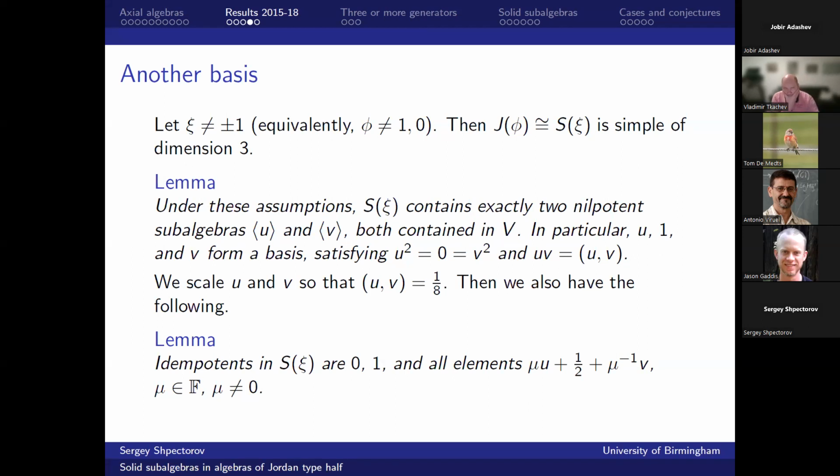And furthermore, it is simple of dimension 3, and the form on it is non-degenerate, as we will discuss later. Under these assumptions, this algebra contains exactly two nilpotent 1-spaces spanned by u and v, and we have a different basis, and we typically scale u and v so that uv is an idempotent, and that's the basis we actually work with. Although I probably won't have time to show you the detail how it all works.